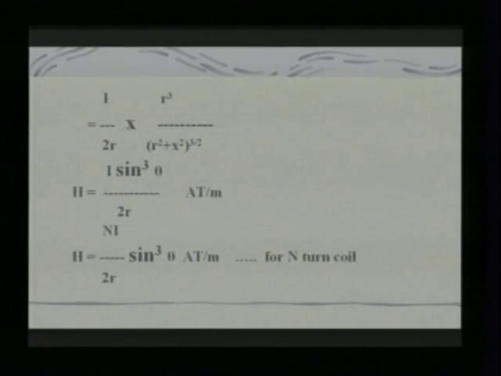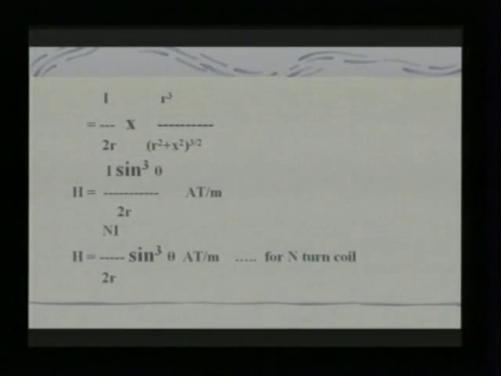Rearranging this equation in the form of sigma I r square by 2 into (r square plus x square) whole to the power of 3 by 2 into r by r. Therefore, it will be equal to I by 2r into r cube by (r square plus x square) whole to the power of 3 by 2.